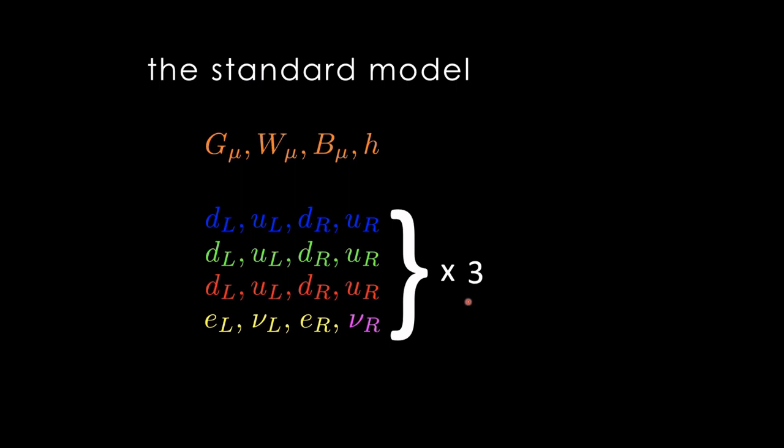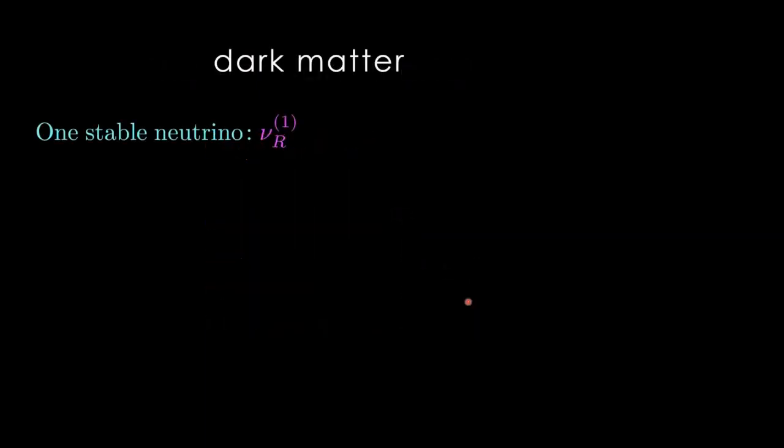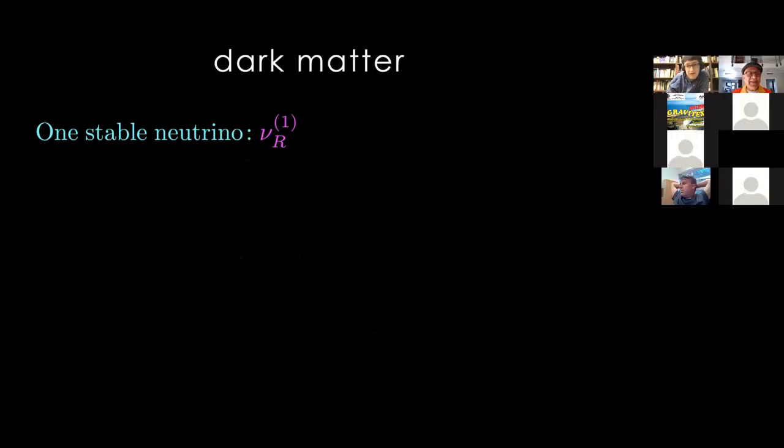And it is the only dark matter particle candidate in the standard model. It's our last hope with the standard model. So let's try to imagine for a moment that it is the dark matter, that the right-handed neutrino is stable, which amounts to asserting that the standard model has a certain symmetry under nu right goes to minus nu right.